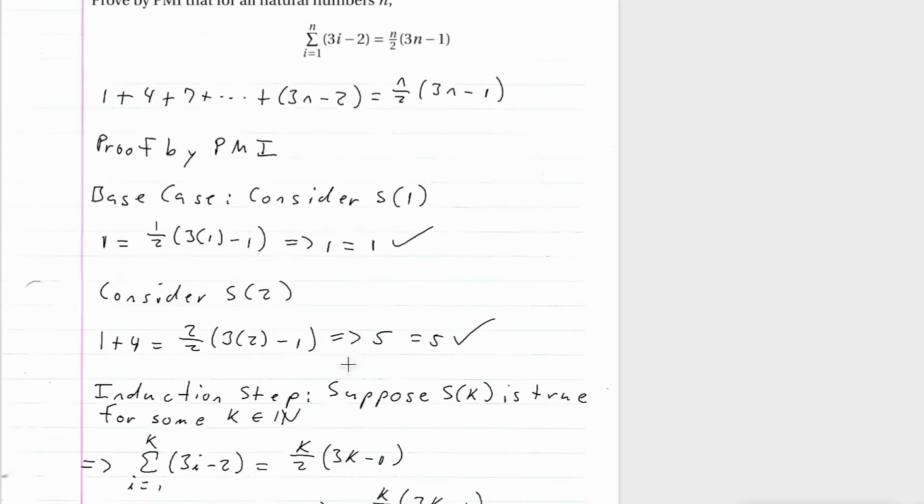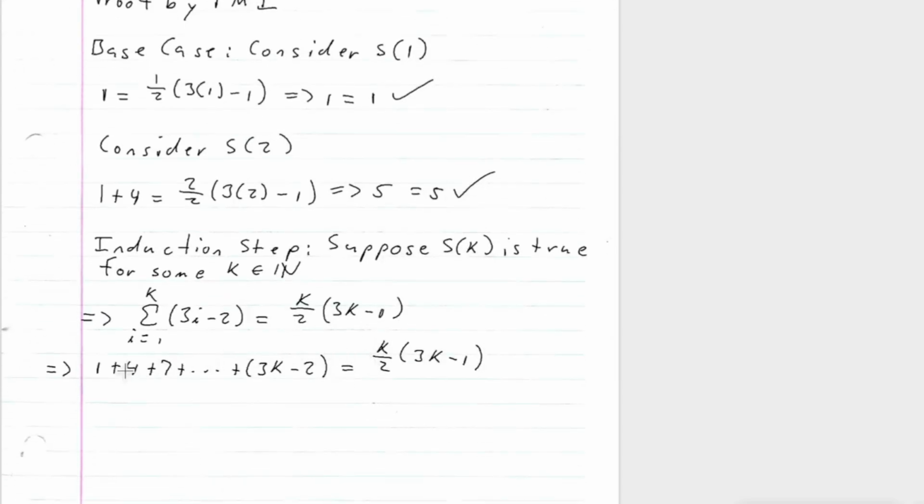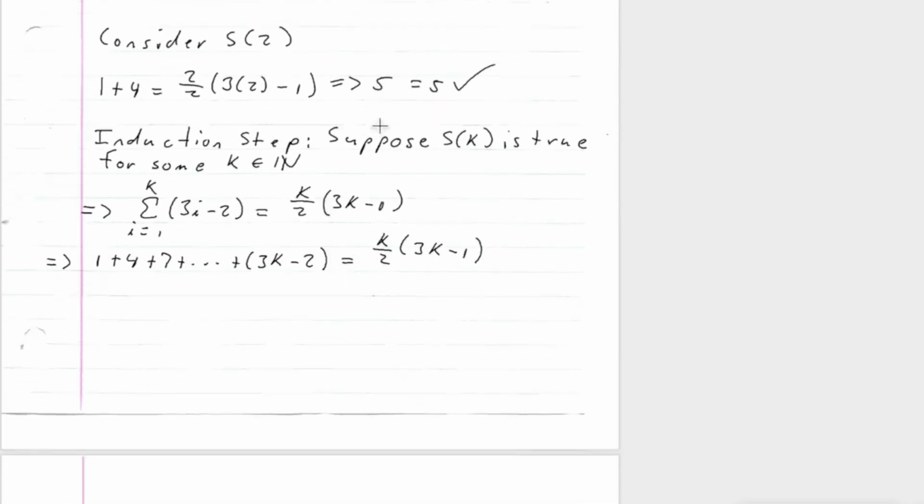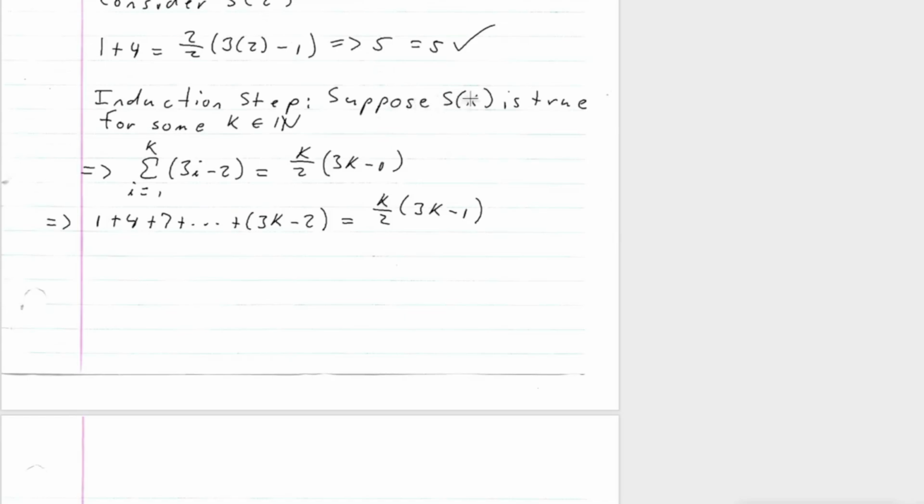Now, for the principle of mathematical induction, we assume that it works for up to some natural number k, and if we can prove that it works for the next term, which would be k plus 1, then it would work for any natural number we would plug in. So in order to prove that the statement works for k plus 1, we're going to add the next term.